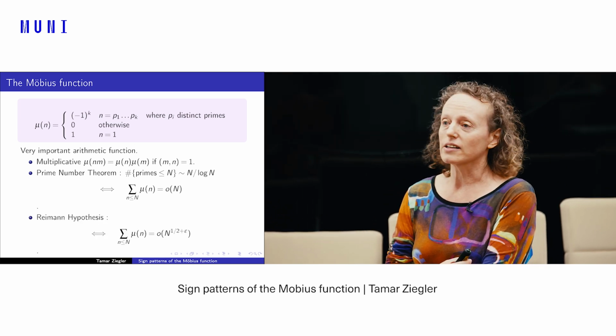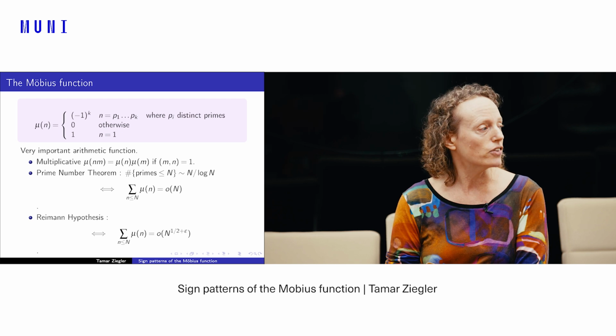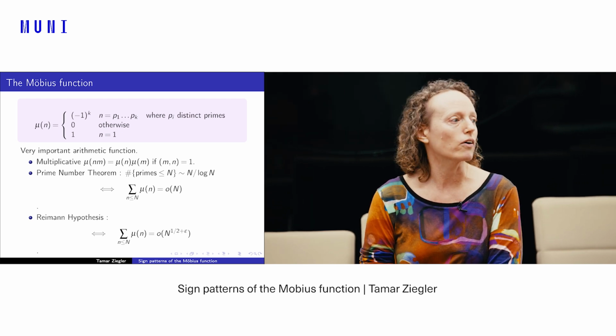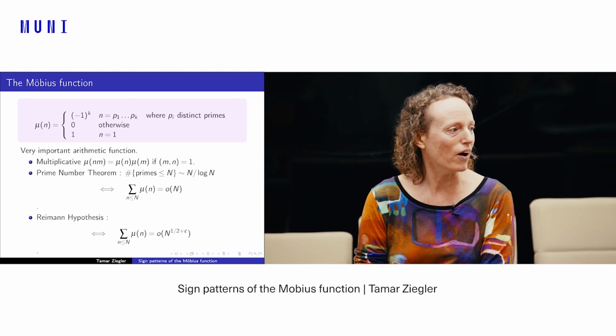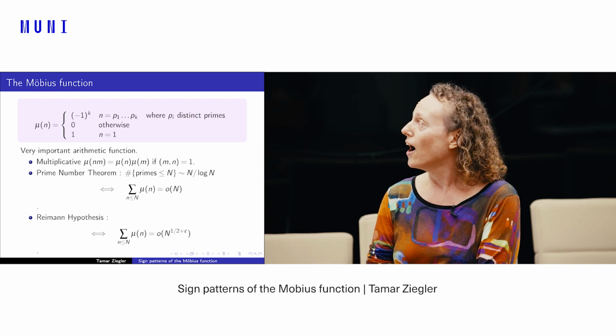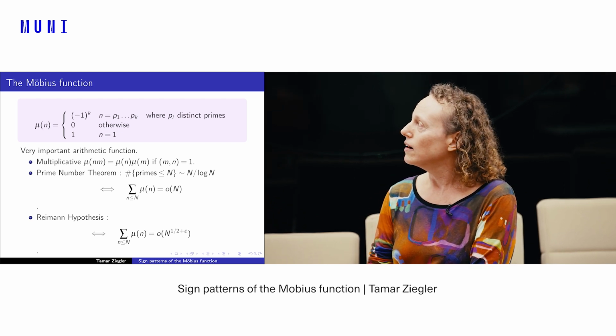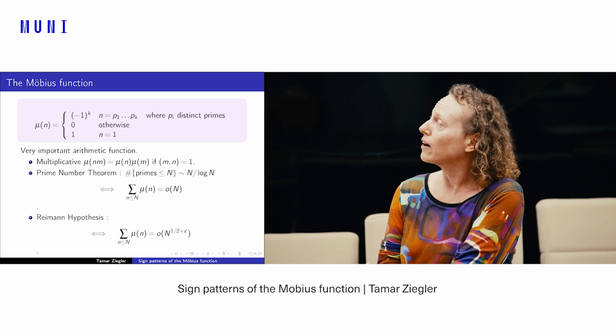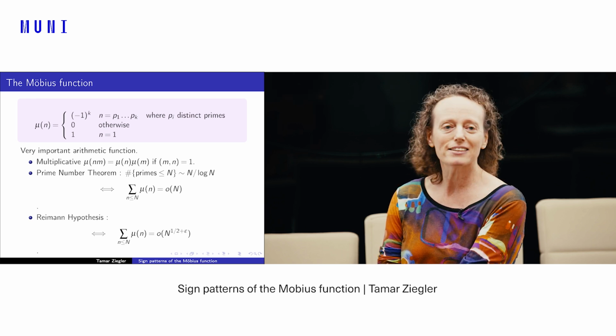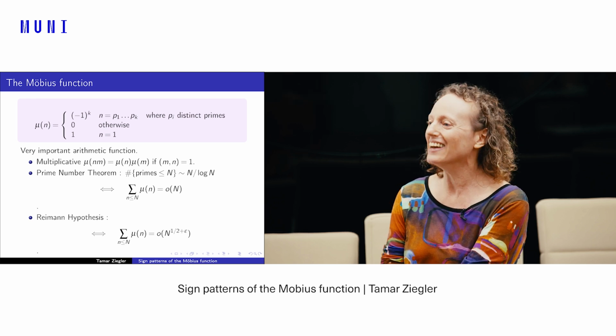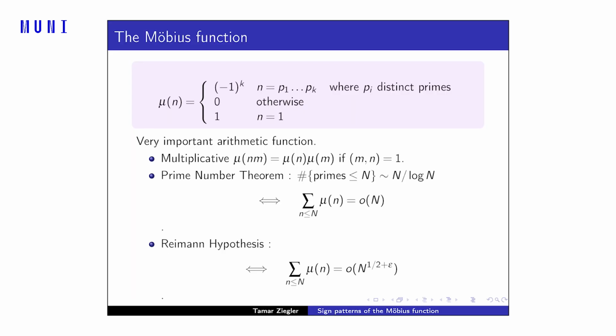Here is another. There is a very, very famous conjecture in number theory, the Riemann hypothesis. It's elementarily equivalent to a stronger statement about the cancellation in the sum of the Mobius function. So what does the statement say?